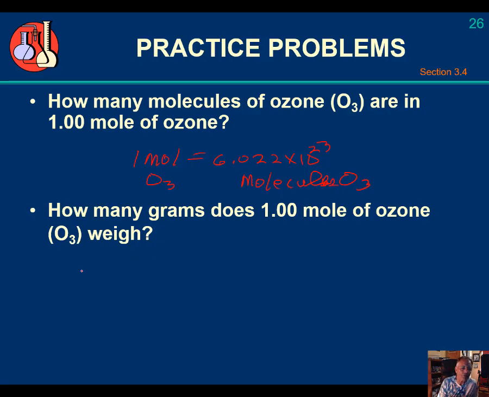Okay, so that means that 1 mole of ozone is equal to 3 times the molar mass of oxygen. And the molar mass of oxygen we can safely round to 16.00 grams.